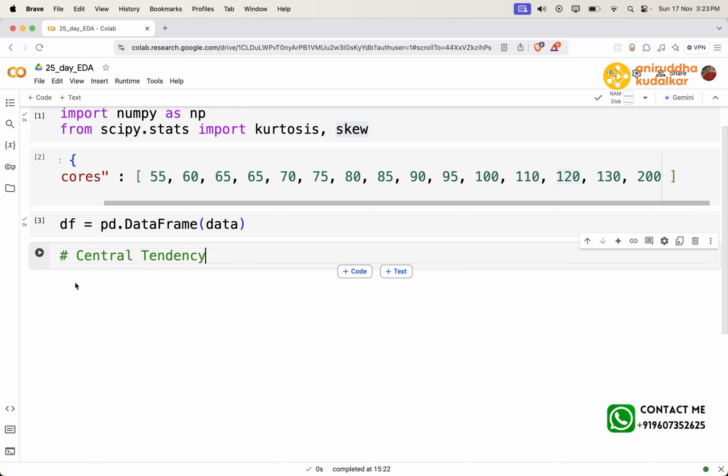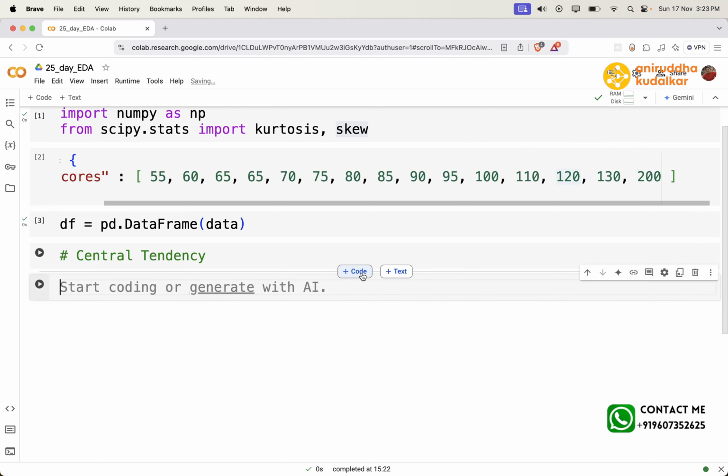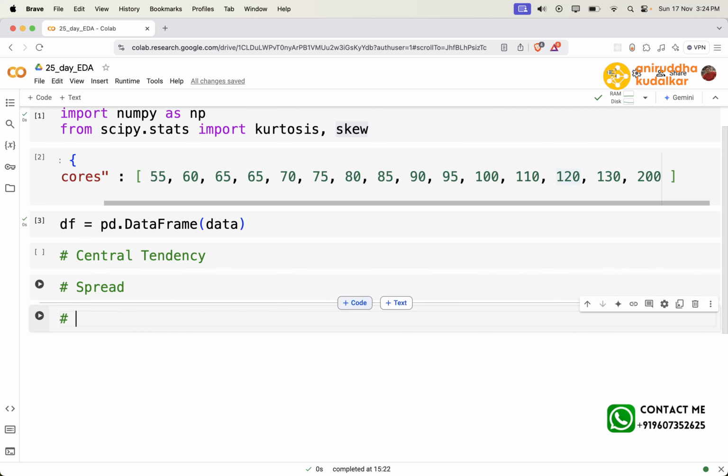Central tendency, spread, skewness, and kurtosis. These are the statistical terms.